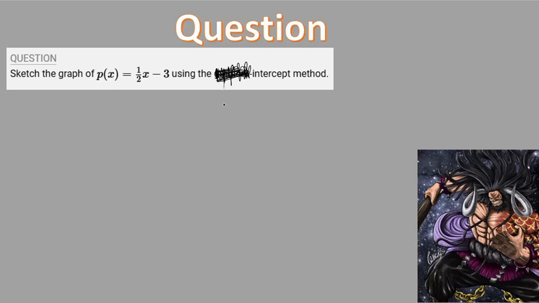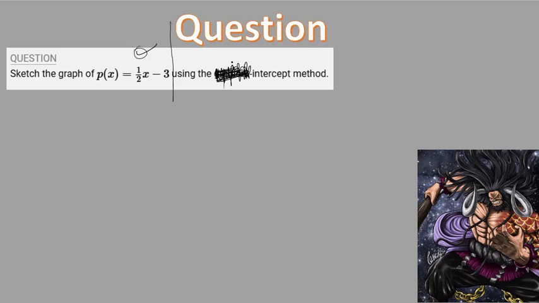Now this is how the question frequently appears. Frequently, they would say sketch the graph of P of X using the intercept method, or sometimes the question just ends here. Most of the time, the question just ends here. Sketch the graph of P of X. They don't tell you what to use or anything. They just say this.